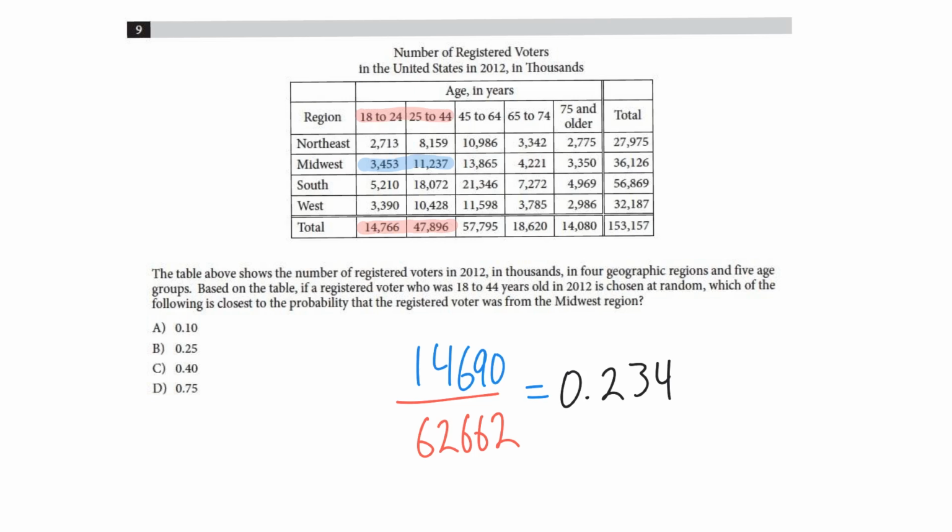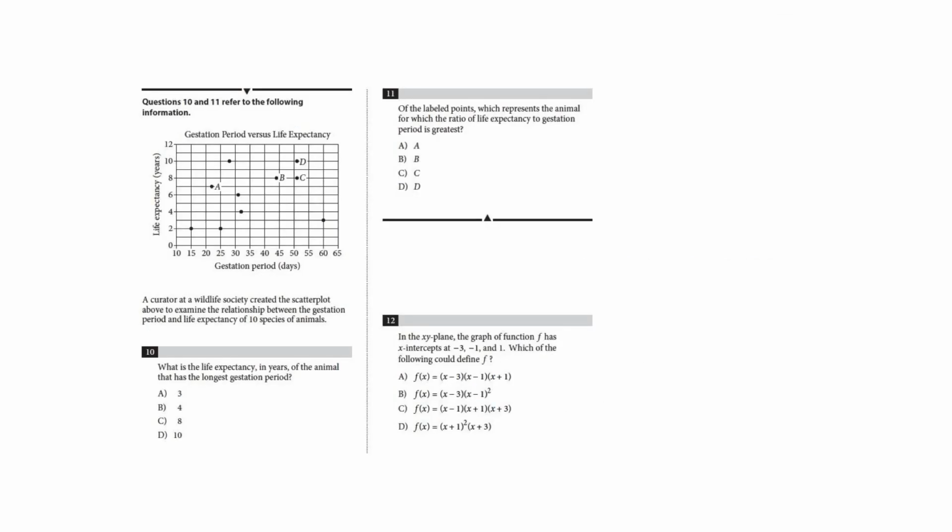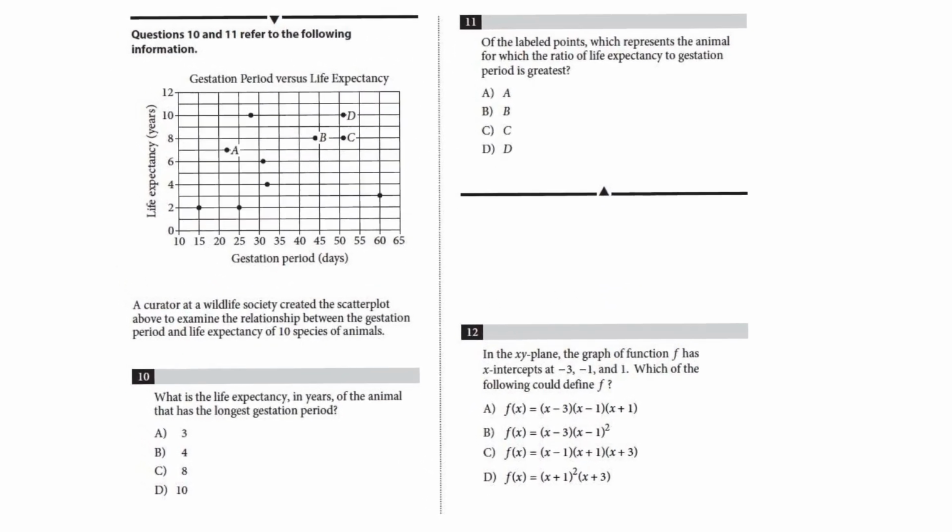Okay. All right. Well, that's a decimal. That is the probability that a voter in that range will be from the Midwest, and that's closest to B. Okay. Let's see if we can get this nice and big here.